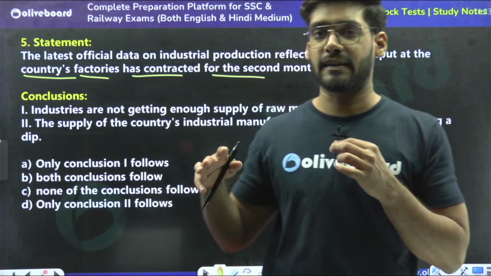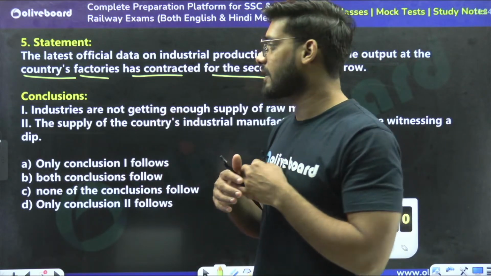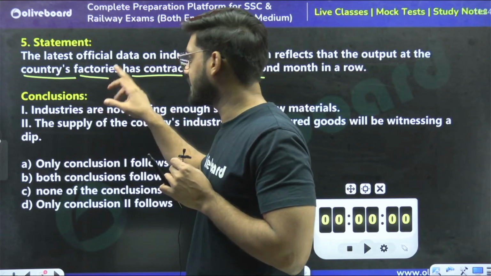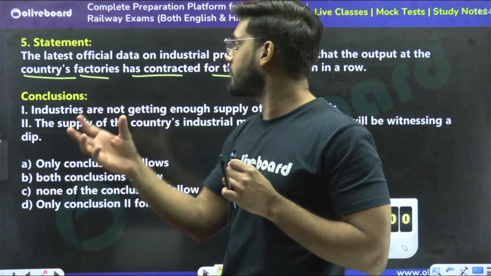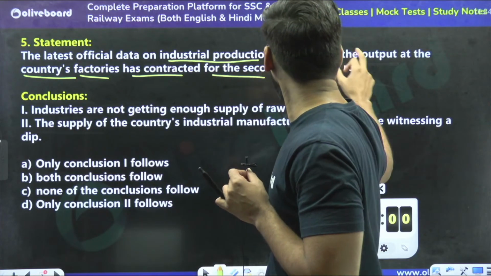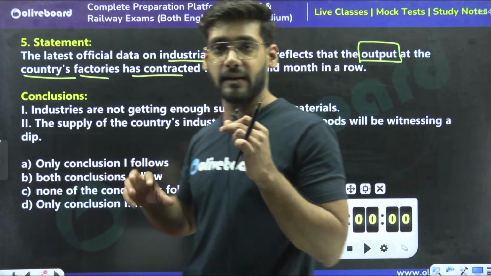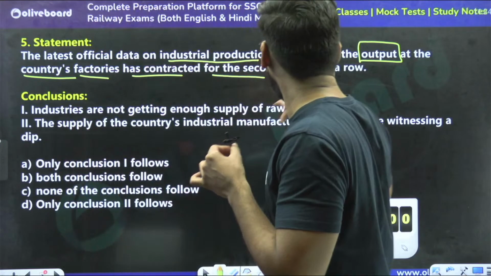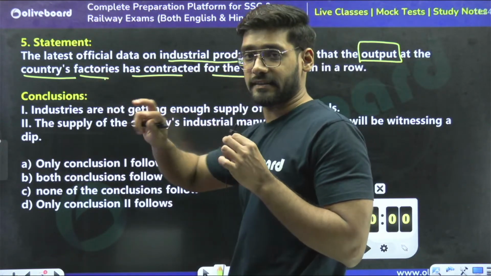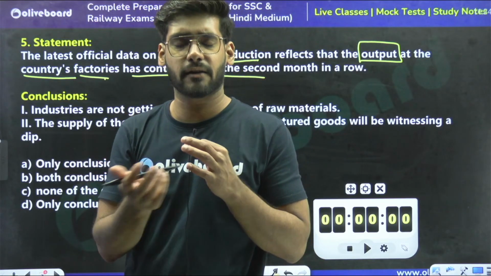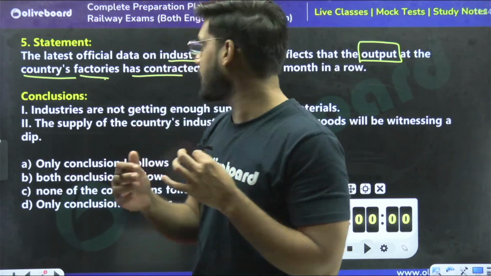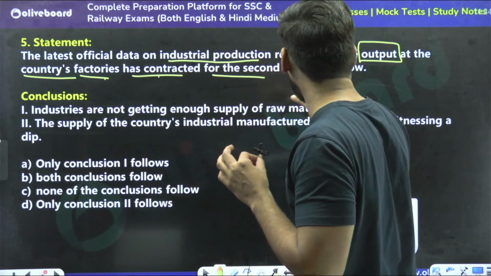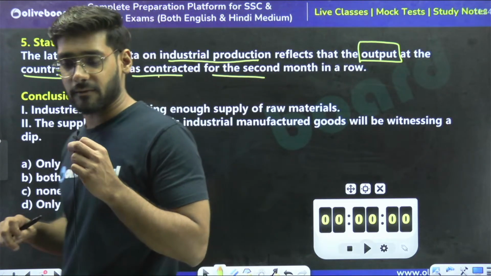Output means the production from the factories, because we are talking about industrial production. Contracted shows a negative sense, low kind of things. The output we are getting from the country's factories has been contracted for the second month in a row.